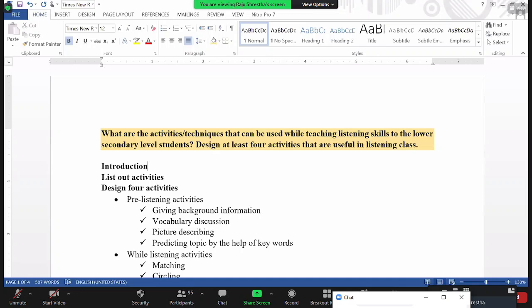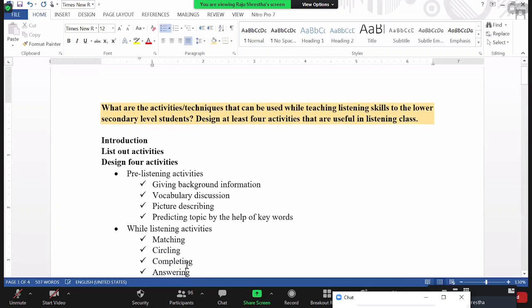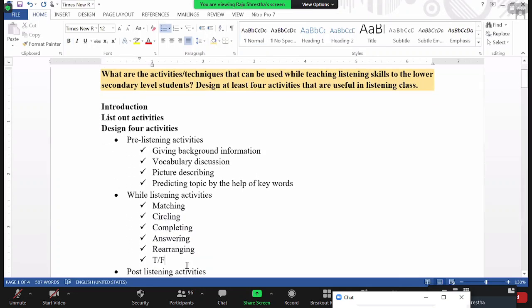If possible, write dictation, then Simon says, mistake in hearing, mistake in reading. So if possible, write these activities. Matching, circling, completing, answering, TF, rearranging, these are also activities. You can write these.